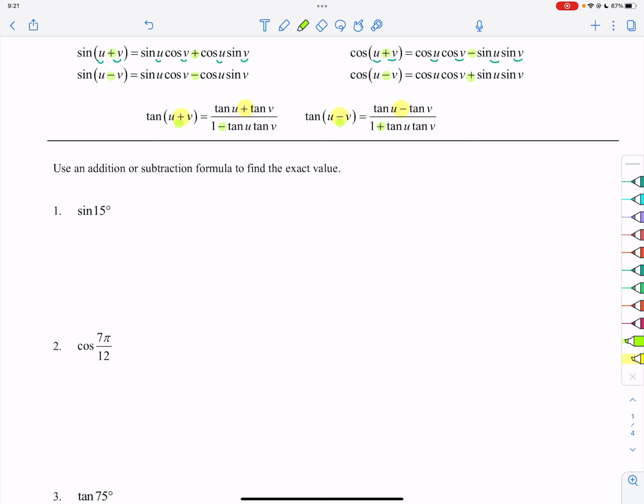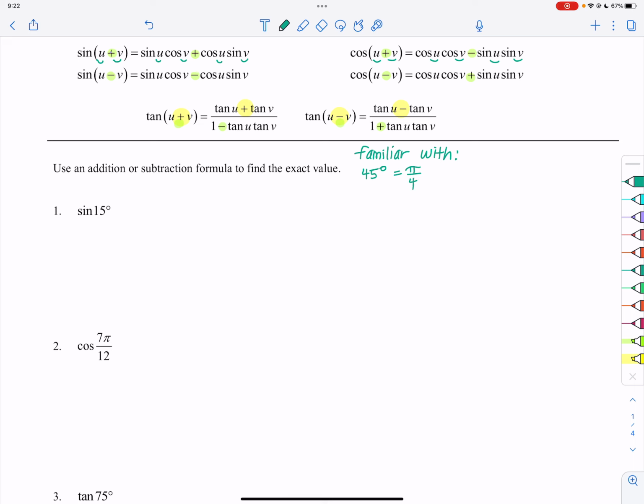Now, when we are working with these, we would like to use the angles we're familiar with. And what are we familiar with? Well, we're familiar with 45 degrees, and that's equal to pi over 4.